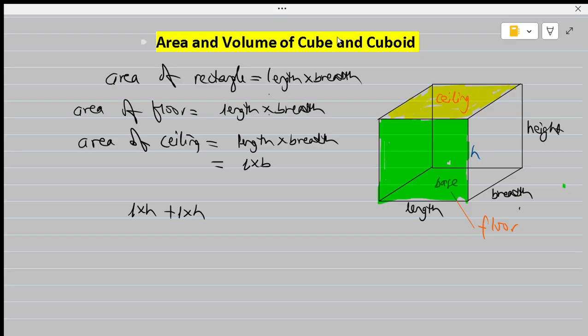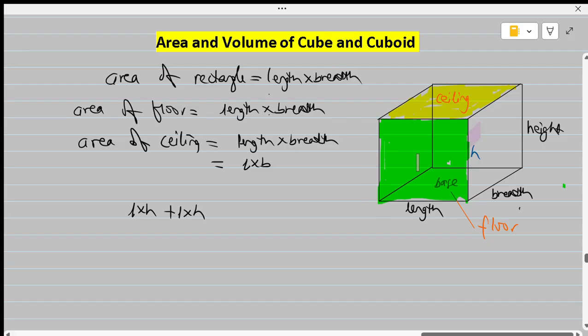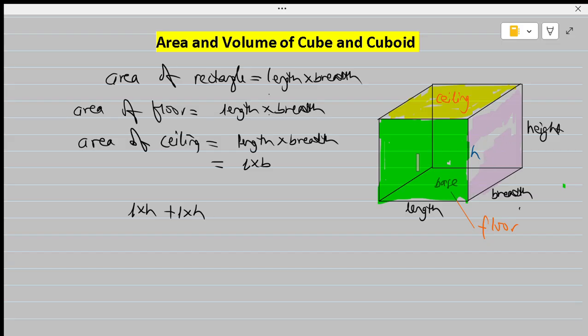And now let's talk about the area of the wall along the breadth. I've painted this wall, which is along the breadth.